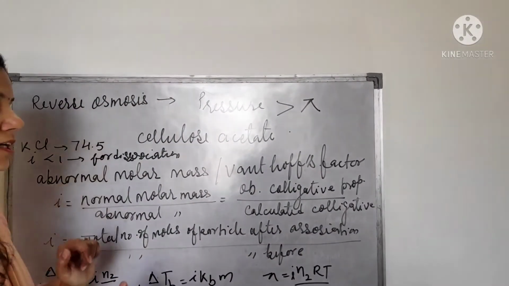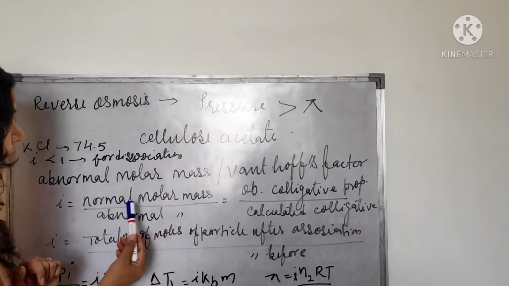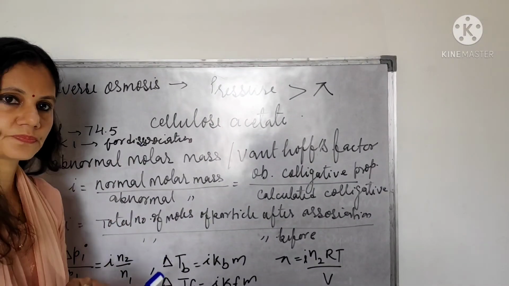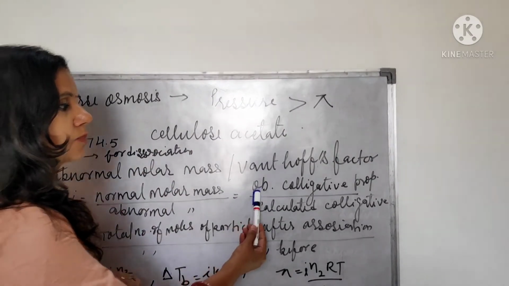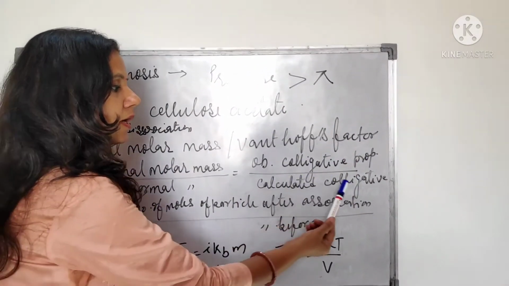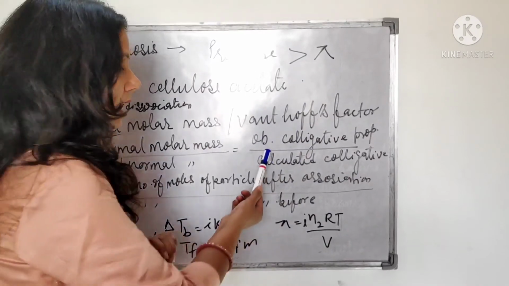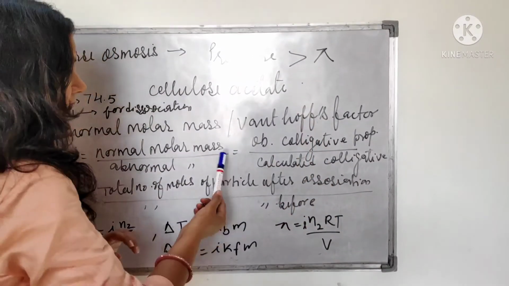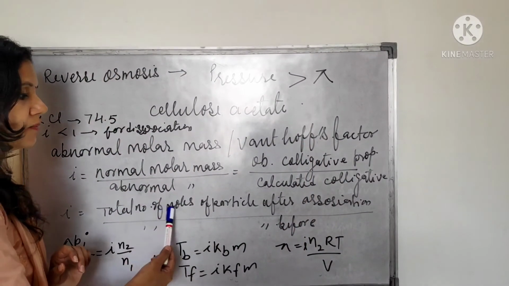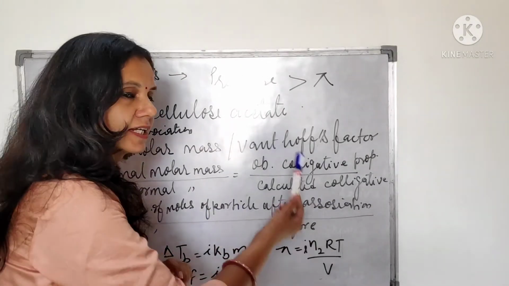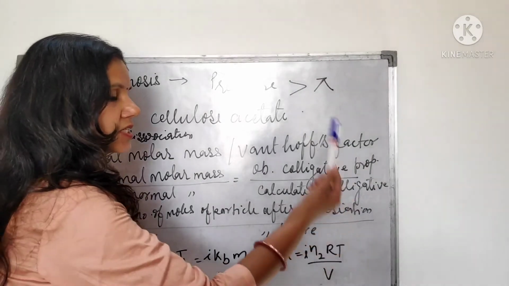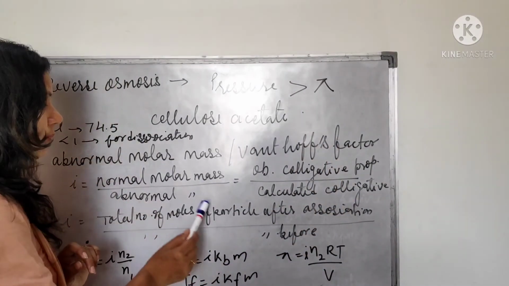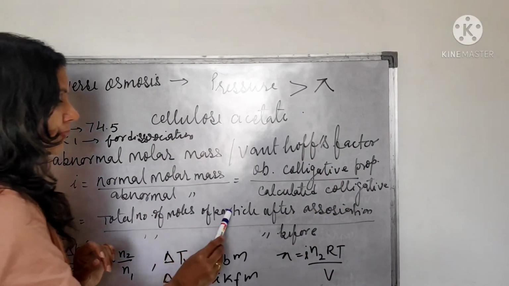The value of small i we can determine by normal molar mass upon abnormal molar mass, or observed colligative property upon calculated colligative property. And another formula is total number of moles of particles after association or dissociation upon before association or dissociation.